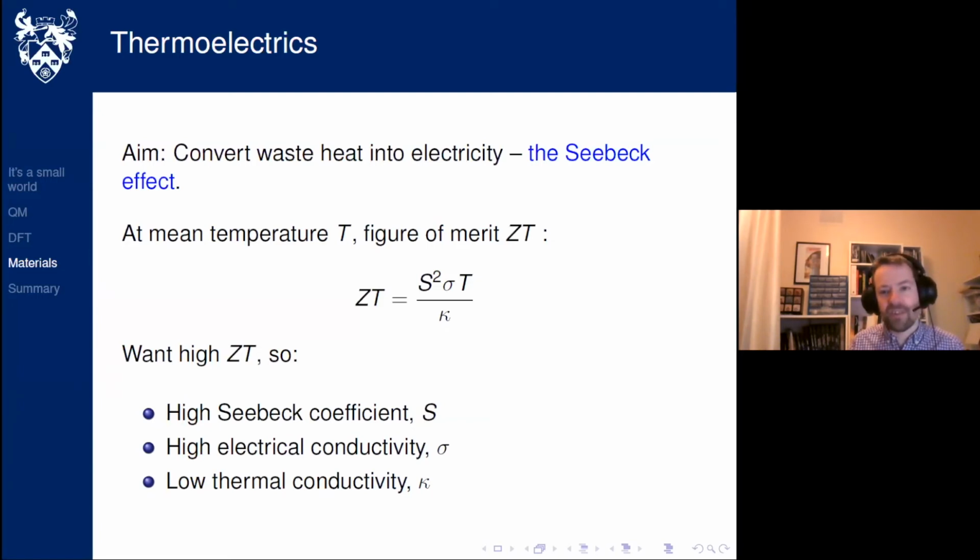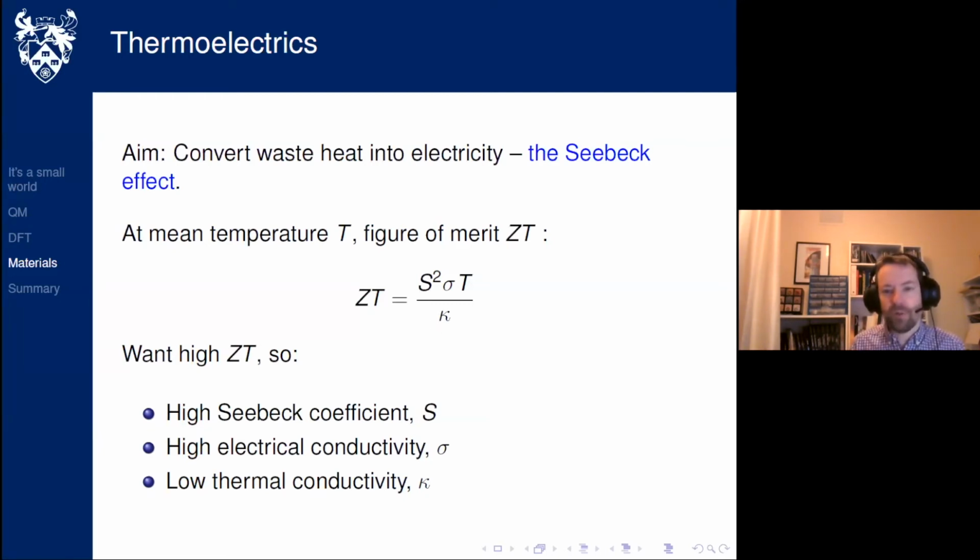The first thing is there's a coefficient S, which is a number that is just different from material to material. We're going to consider that to be a constant today. So that's just a constant depending on the material that you pick. Then there's this symbol sigma, which is a conventional symbol for the electrical conductivity. Then there's the temperature.